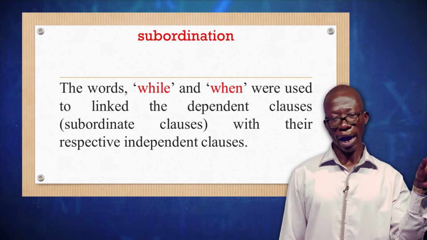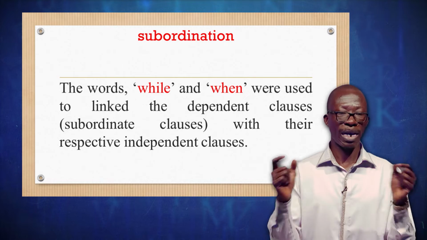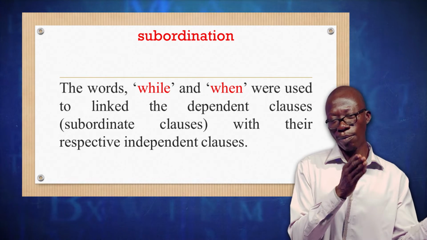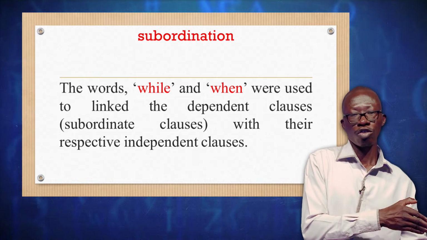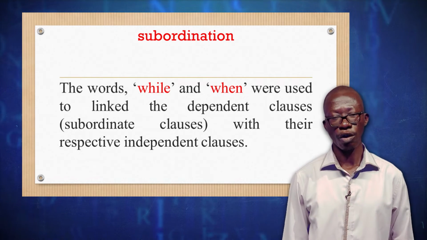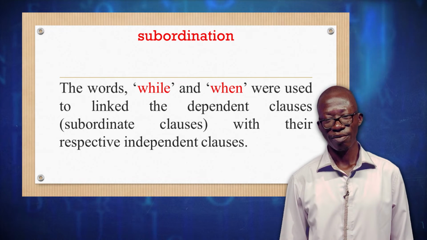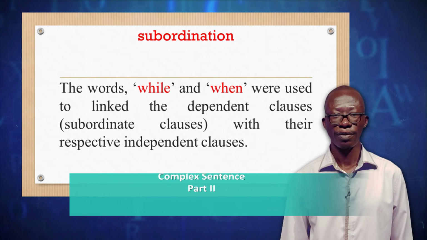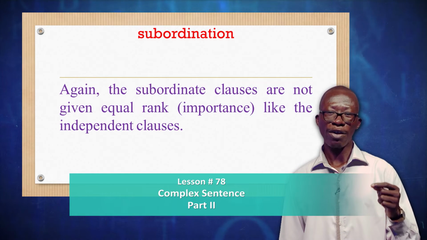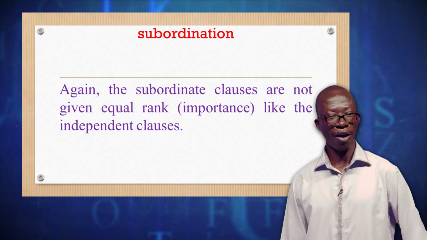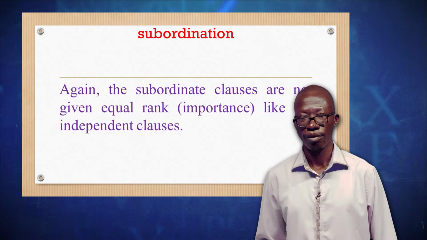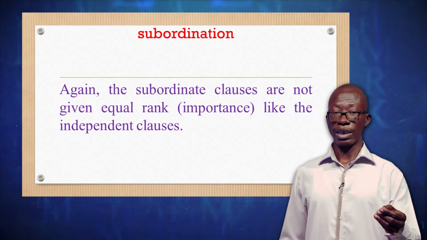So those two words, while and when, have been used by the speaker to link subordinate clauses with their independent clauses or their superior clauses. So again, the subordinate clauses are not given equal rank, or when I say equal rank, equal importance, like the independent clauses. Take note here.